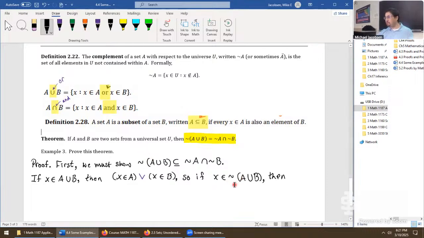Well, saying it's in the complement of A union B means it's not the case X is in A or X is in B. Let's write that out carefully using our logical connectives. If X is not in A union B, then it's not the case that X is in A or X is in B. Actually, this is a nice color for the logical connective since it's kind of making an unusual show here. So let's use that purple for the connectives.